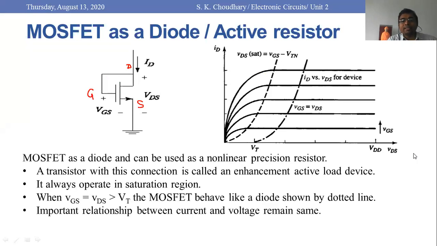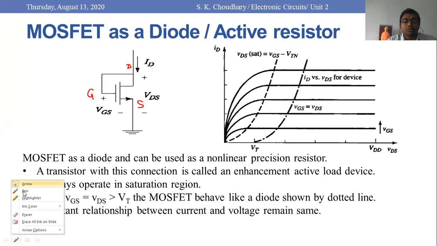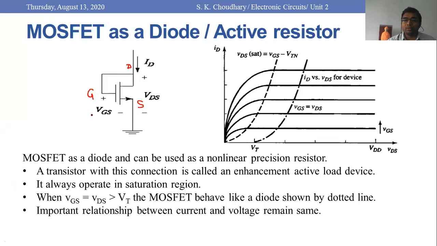So MOSFET as a diode can be used as a non-linear resistor. A transistor with this connection is called an enhancement active load device. Basically, this structure, like a diode, is used as a load device.